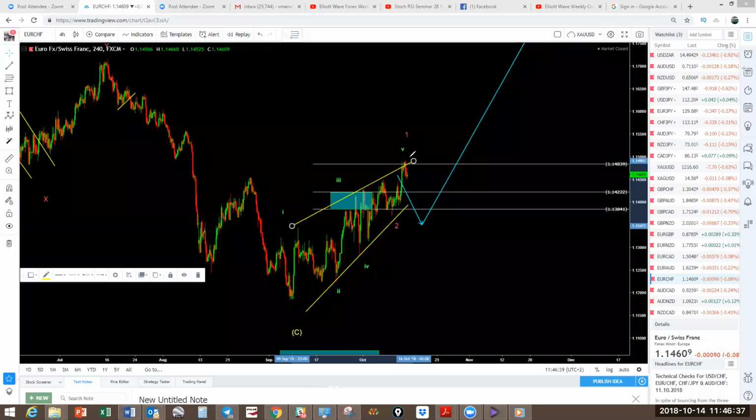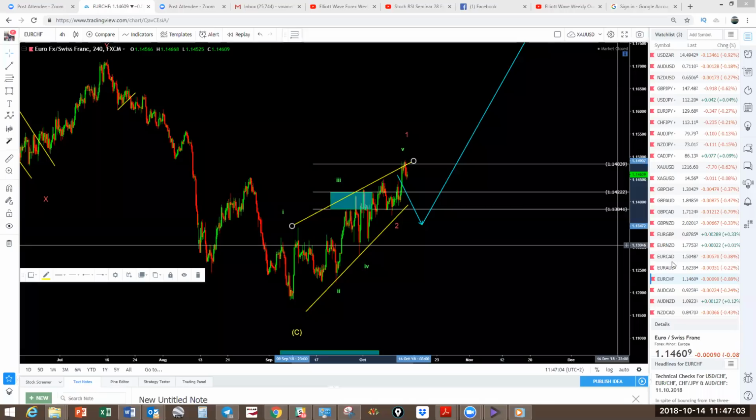If it just goes like this and corrects here, then that was going to go all the way down. But for now, we've got a nice diagonal that needs to be corrected. A diagonal is a motive wave. So keep an eye on this correction that may come out from these levels. You're going to need to be patient, because this is a 240 and may take a couple of days to build.